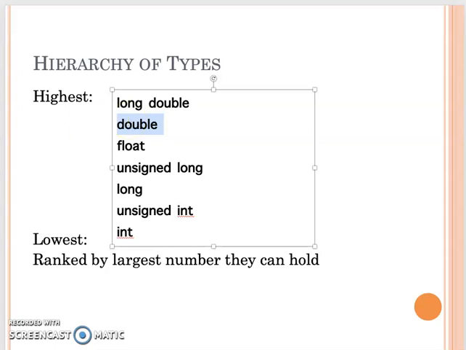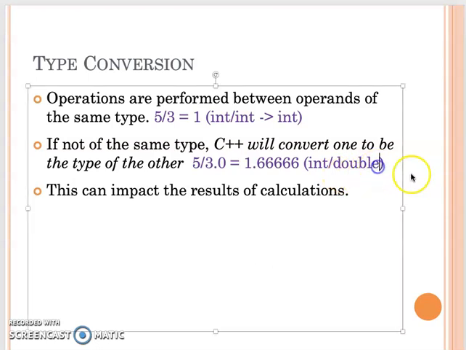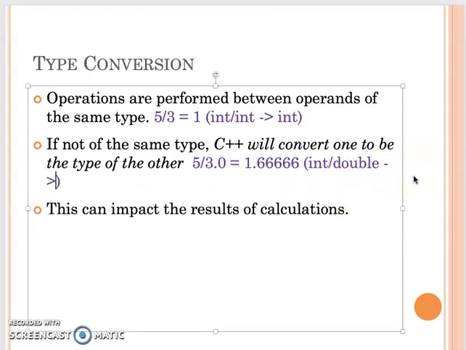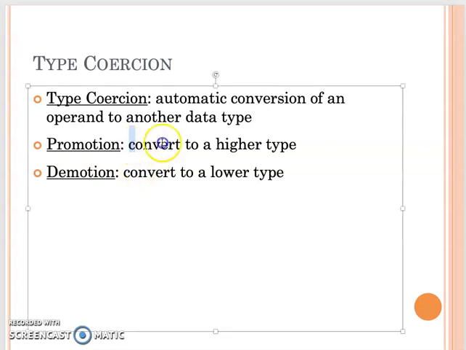That's why int divided by double becomes the double data type. They always promote to the higher one, automatically converting the operand to another data type.